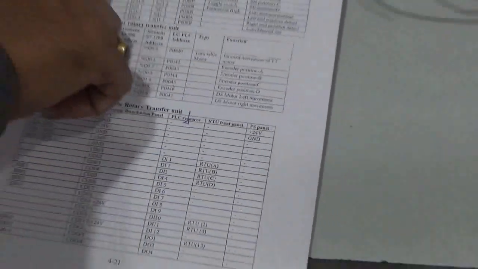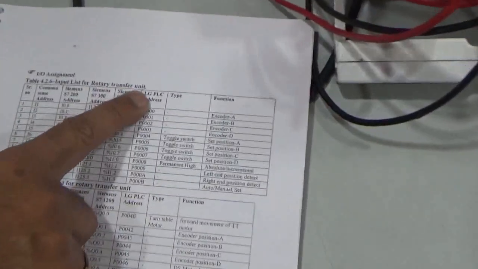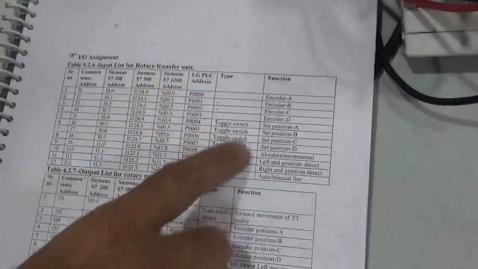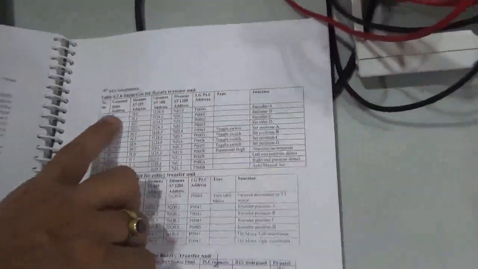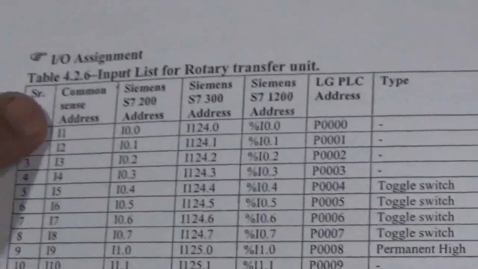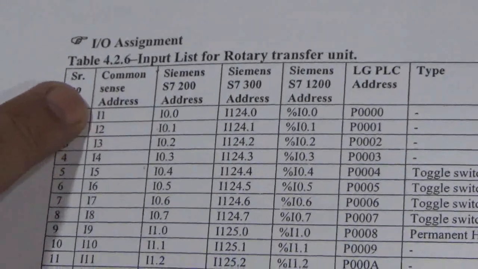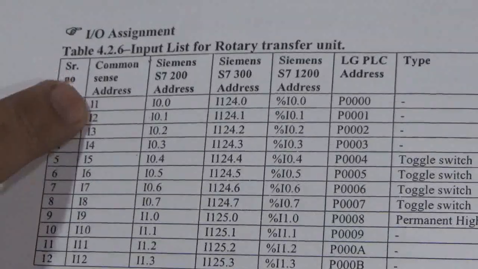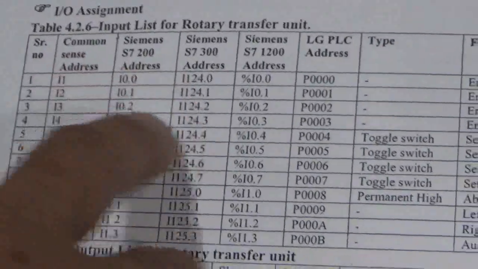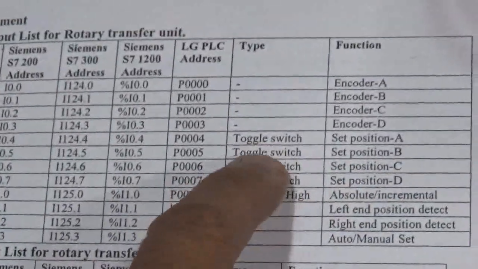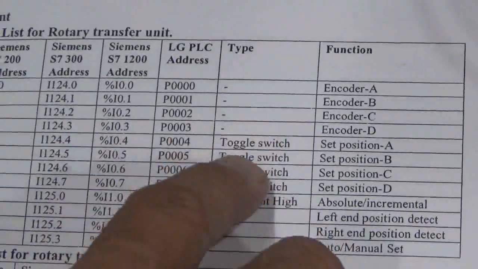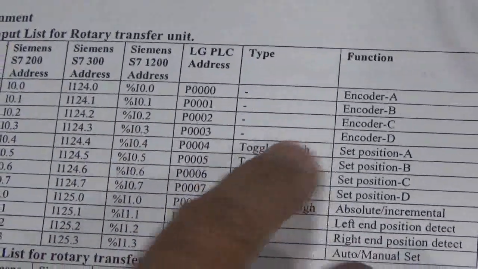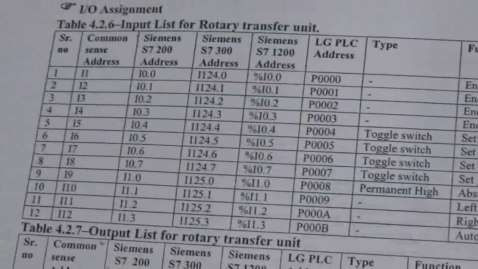Go to the wiring sequence. This is the description, the input list of the rotary transfer unit. This is the address assignment for the PLC. This is input first, second, third. Like this you can use separate switches or toggle switches for the particular operation of that input.